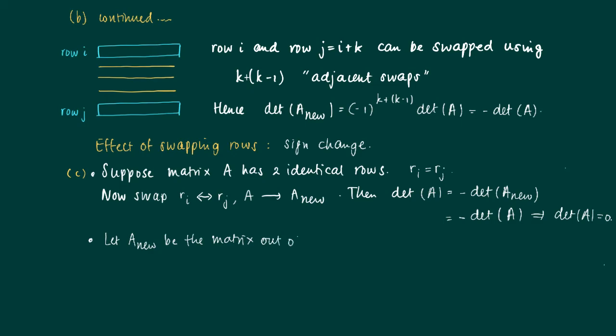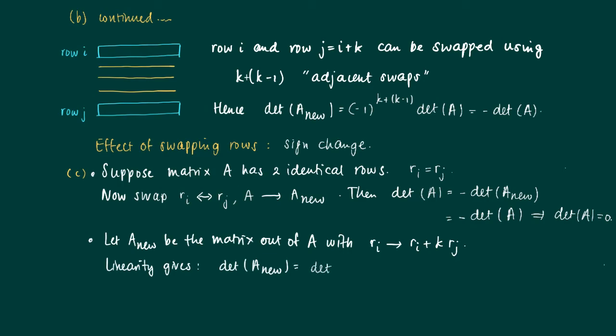Now let A new be the matrix out of A with row i changed into row i plus k times some other row j. Since we know that the determinant is linear in rows, we get that the determinant of the new matrix is simply the determinant of the old matrix, with row 1 until row n, plus k times the determinant of the matrix where in row i we write row j.